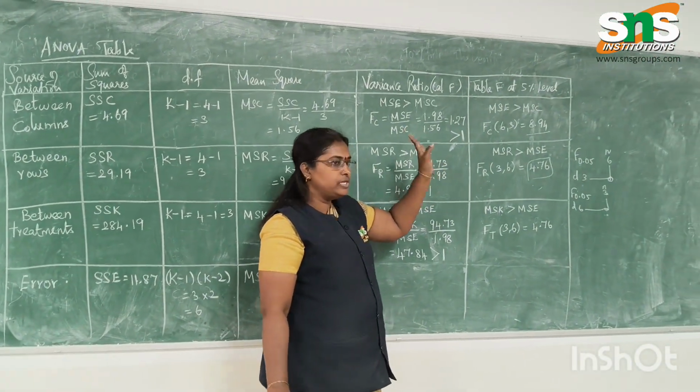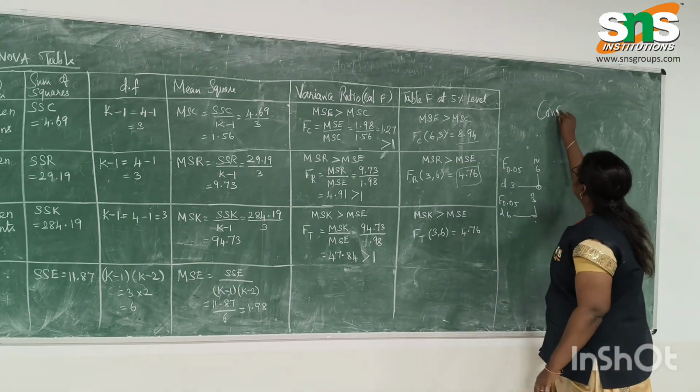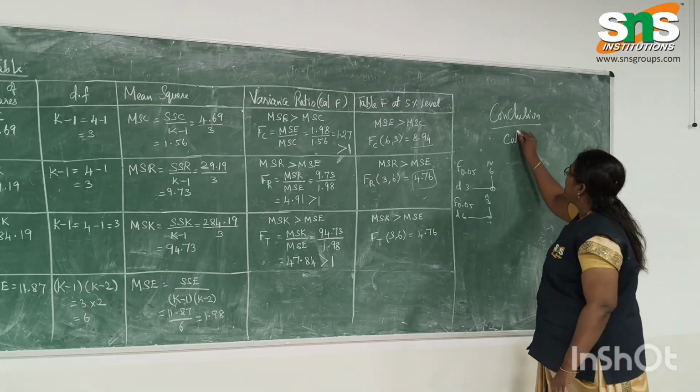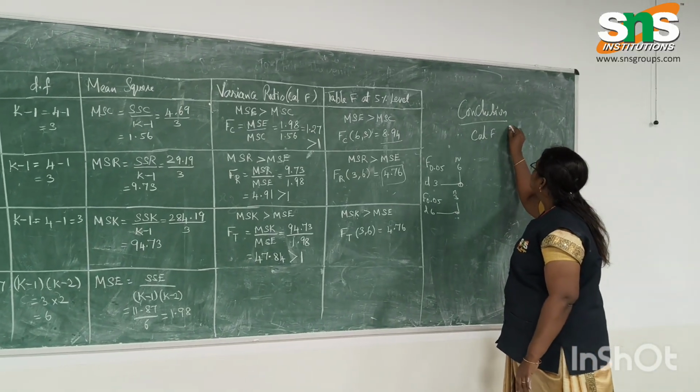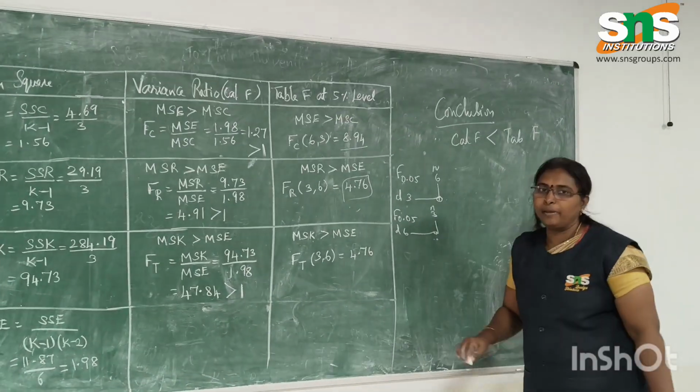After this we can come to a conclusion based on the calculated value and table value. Which one is bigger? Always in conclusion, calculated F should be less than table F. It's a basic thing.